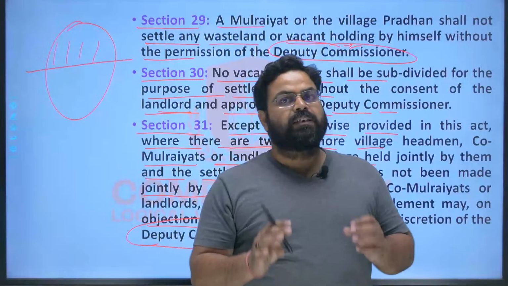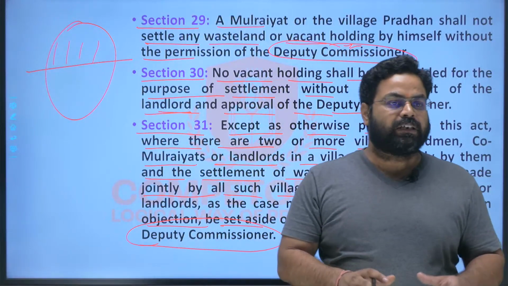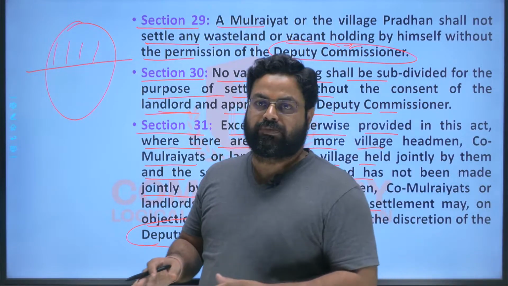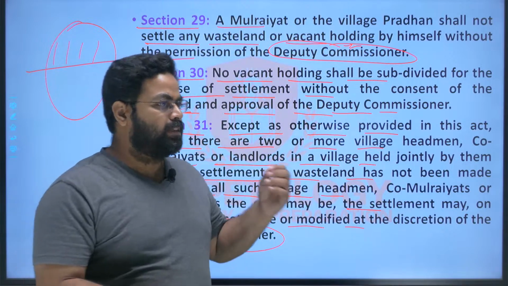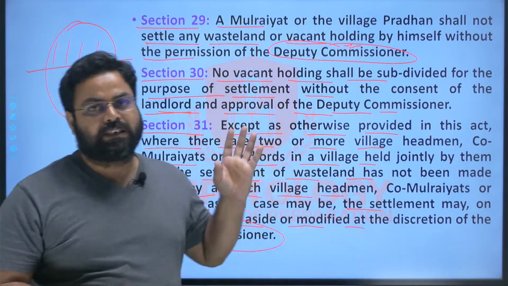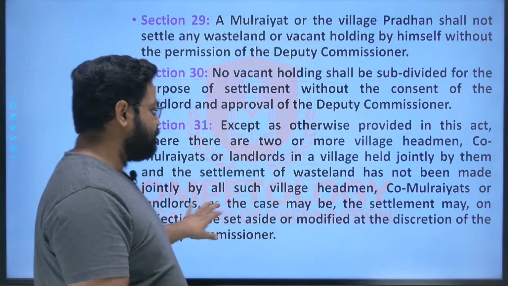So in such case, the DC will hear the case and appropriately whatever he thinks rightful, he will modify the settlement or he may set aside the settlement altogether, right?